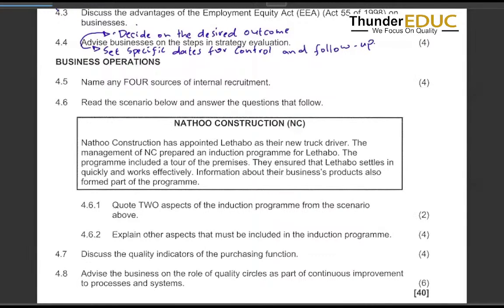So now the sources of internal recruitment, we have the likes of word of mouth. We also have internal bulletins. We also have internal emails. We also have websites to staff.